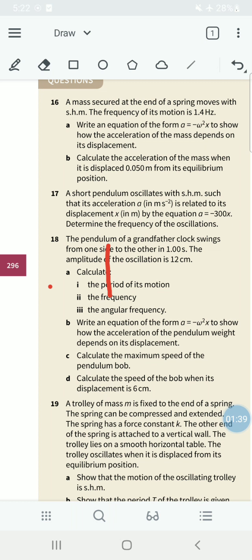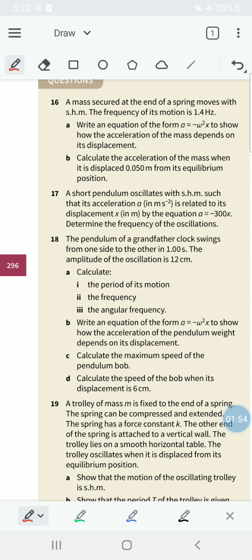We have to take an equation which brings together omega and frequency. I hope you can remember the equation. The equation is omega equals 2 pi f.